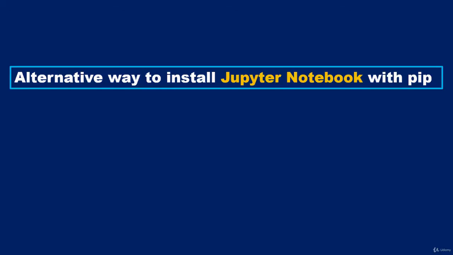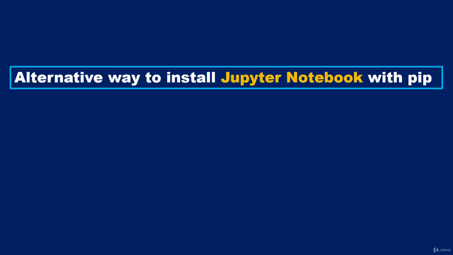Another way you can set up the Jupyter Notebook is by using the Python package manager, which is known as pip. This is recommended only for the experienced Python users.